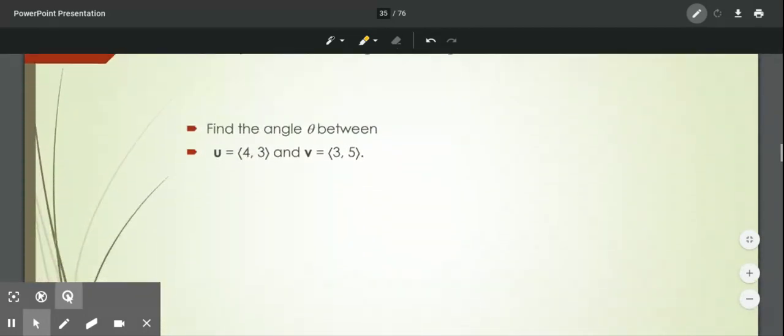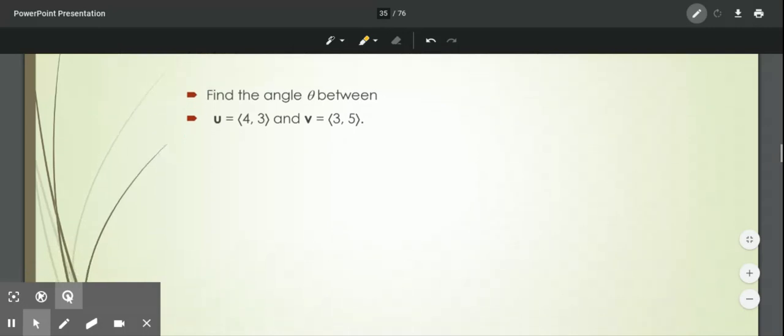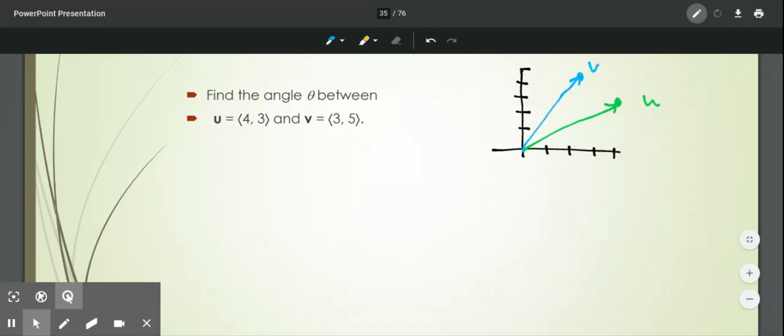All right, so we have these two vectors, u and v, and we want to find the angle between them. Visually, if you graphed the point 4, 3, and that's our vector u, and then you graphed the point 3, 5, and that's our vector v, then what this formula is doing is finding this angle in between those vectors.